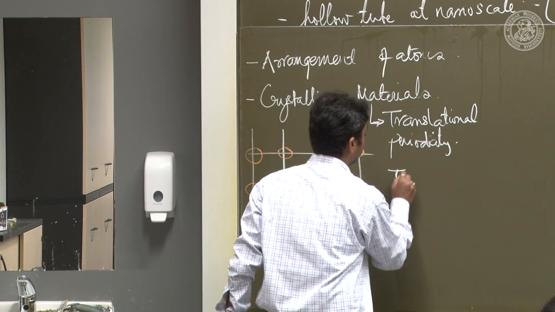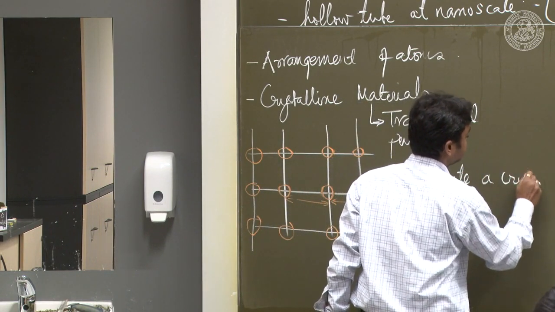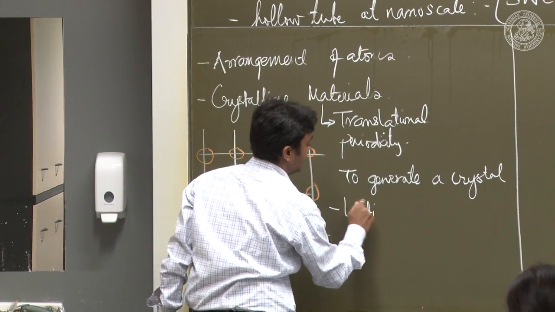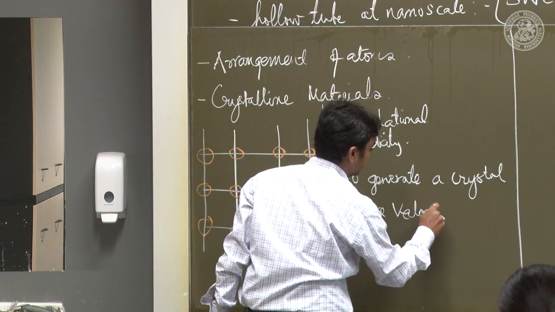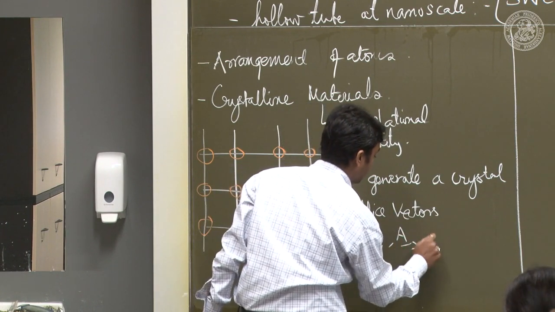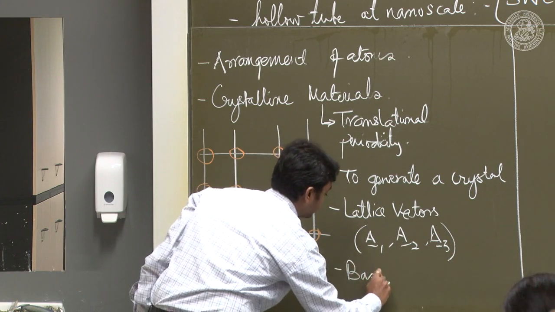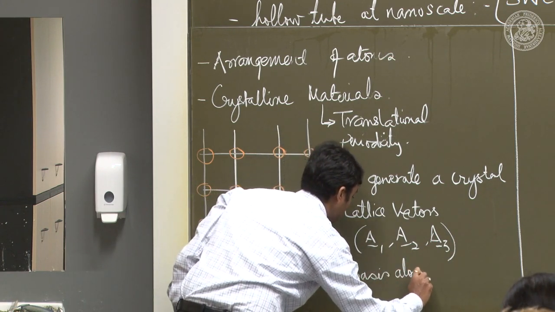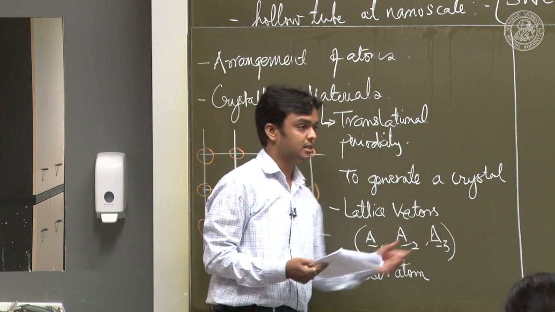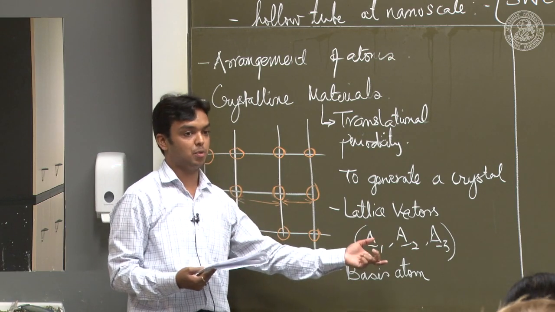Now if you want to generate this crystal, you need two things: lattice vectors and the basis atom. Through the lattice vectors, you generate the lattice, and the basis atom is the number of atoms per lattice point.